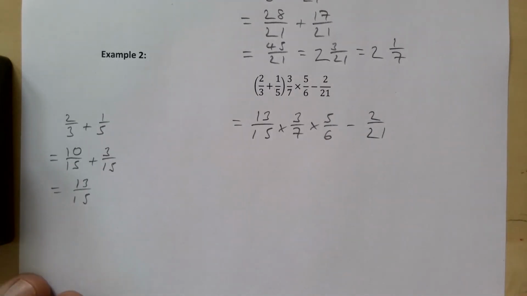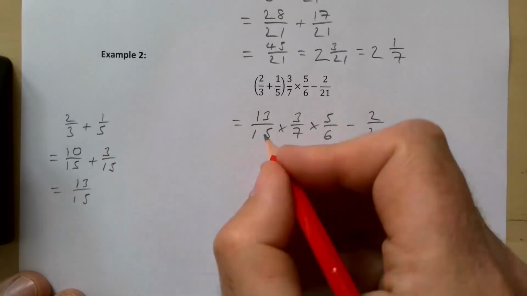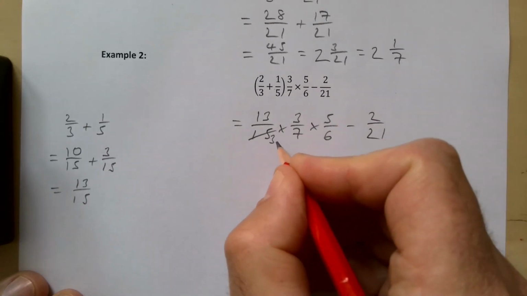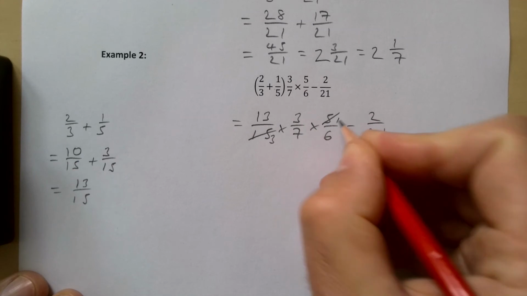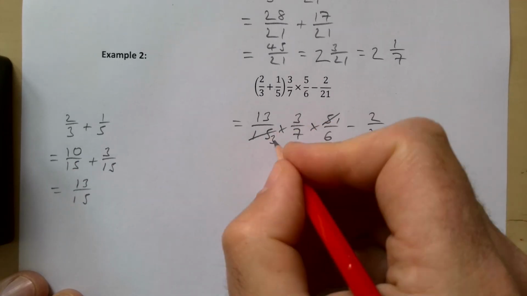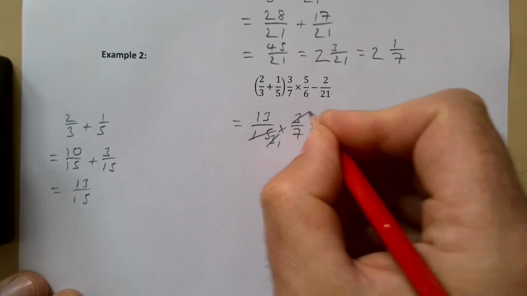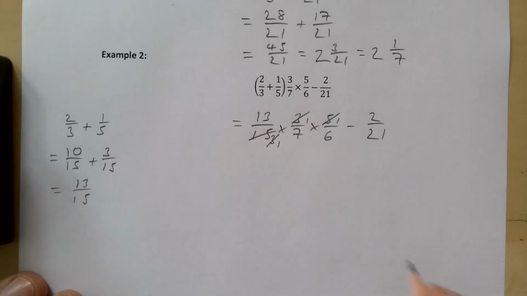So what cancels? The 5 and the 15 cancel. That will go 3 times and 1 time, and we'll have a 3 and a 3. That goes 1 time, and that goes 1 time.